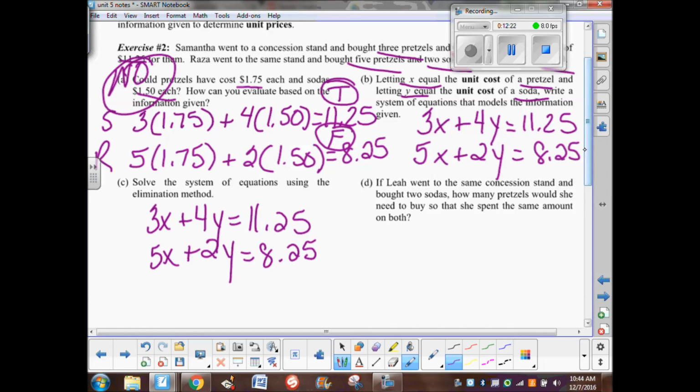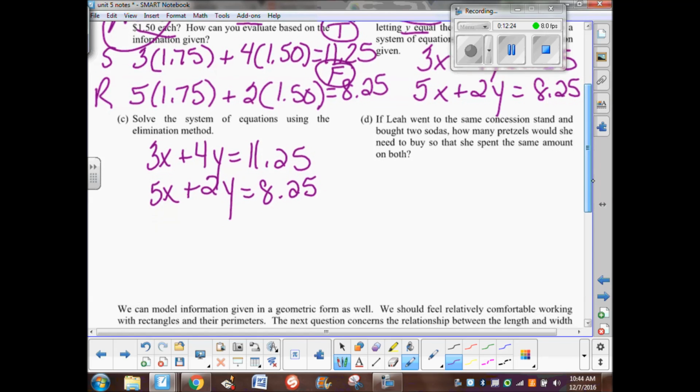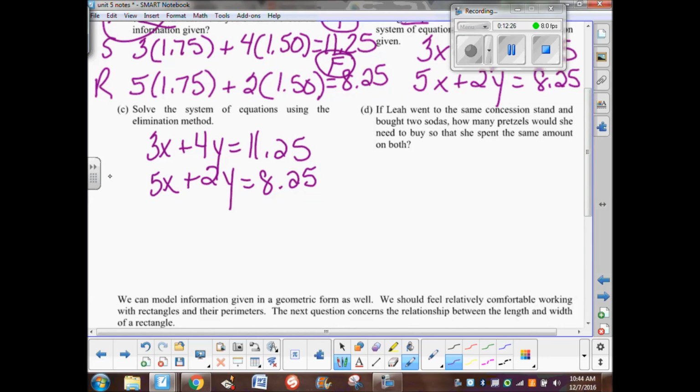Okay. So I'm going to get you started on this one, and then I'm going to have you finish it to come to class. So when I look at 3x over 5x and I look at 4y over 2y, I think I might eliminate the y's because I can easily multiply this second equation by -2 because that will eliminate the y's for me in one step.